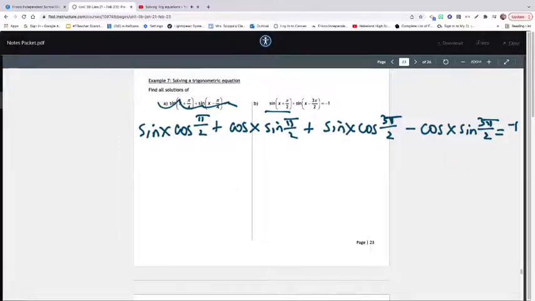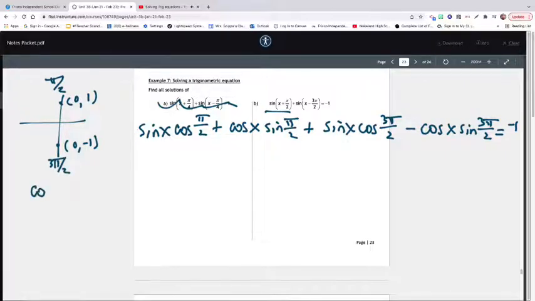Okay, on this one, let's see. Is anything going to cancel? I don't think anything cancels here because we don't have any like terms that are going to cancel. But I want you to remember, at pi over 2, we have the ordered pair 0, 1, and at 3 pi over 2, it's 0, -1.